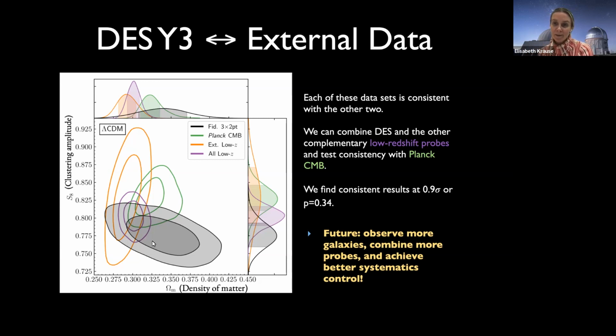Specifically, we find consistent results between these low redshift probes and Planck at 0.9 sigma or P of 0.34. Of course, you can also see that the overlap between these contours is not perfect. So we want to do better. That means we need to observe more galaxies, combine more probes, and achieve better systematics control. And that's exactly our work plan, getting towards Rubin analysis.